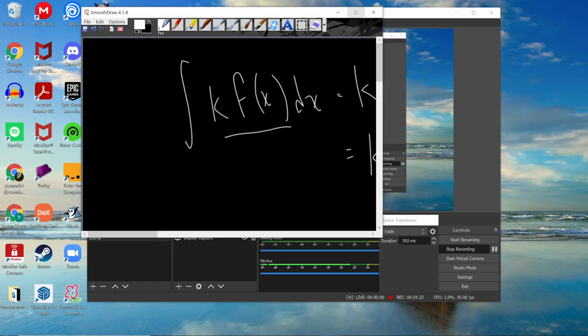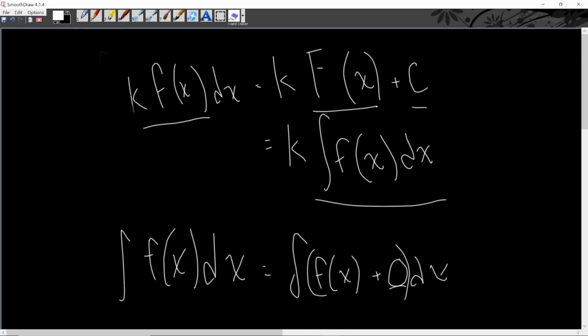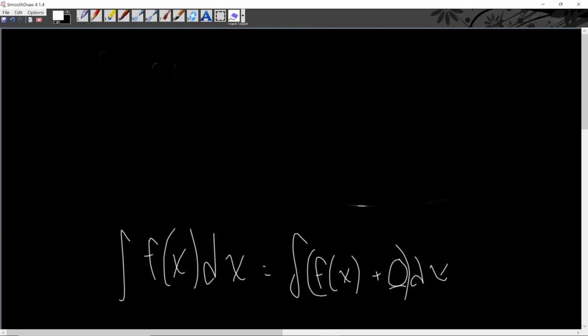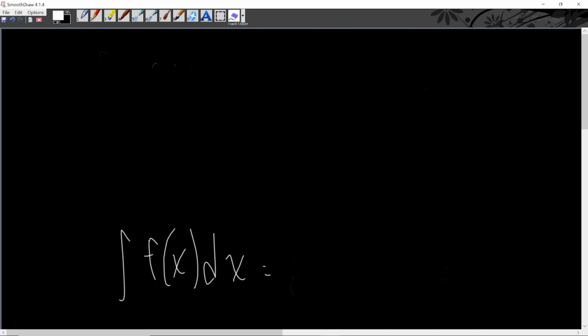And the idea of splitting integrals is something that we also need to talk about. That is going to be somewhat similar to the sum and difference rules of derivatives, but this time we're going to do the sum and difference of integrals. This proof is also going to be relatively simple.